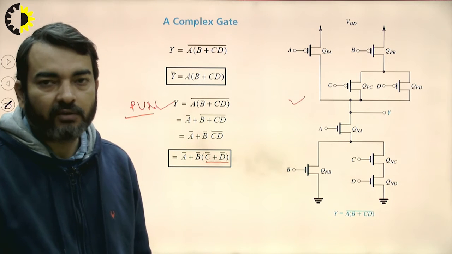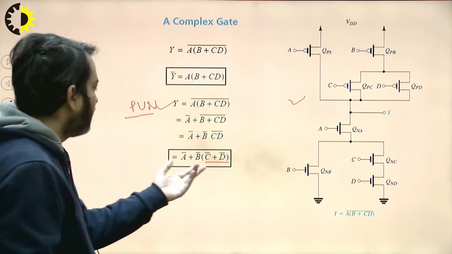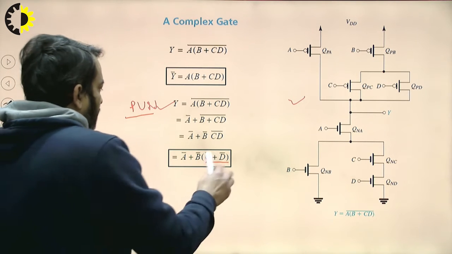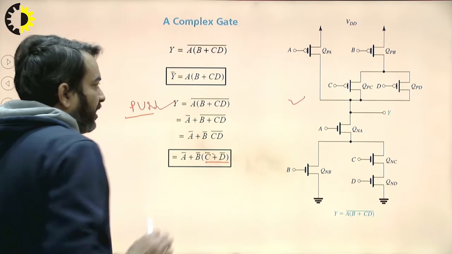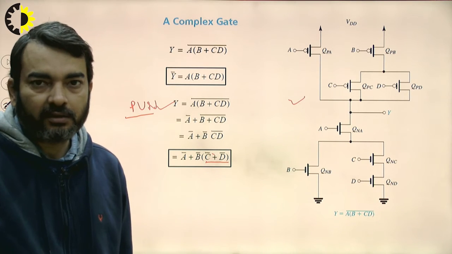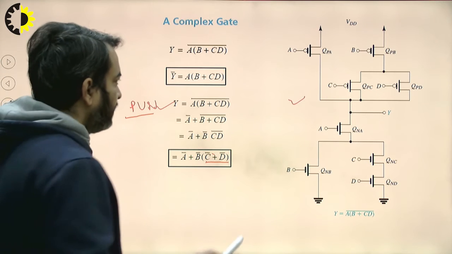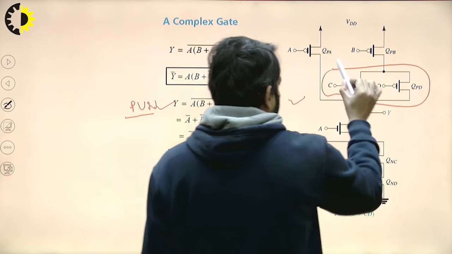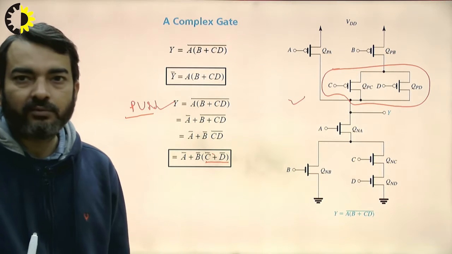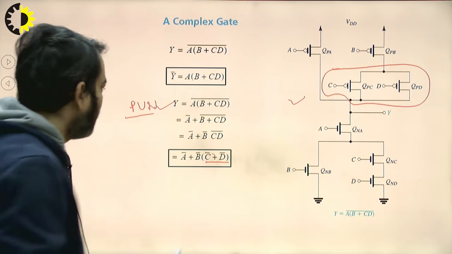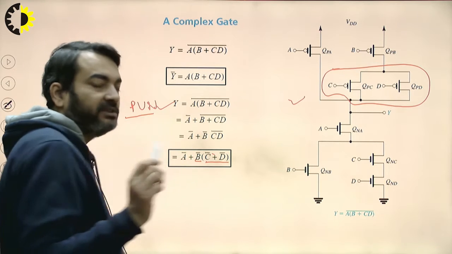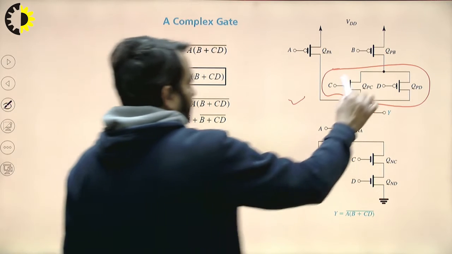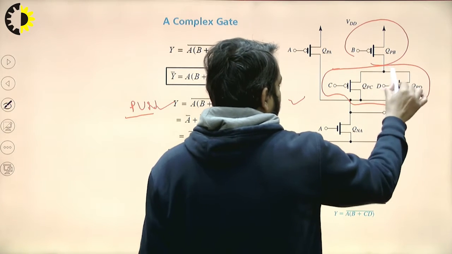So normal output as a function of complemented variables, active low signals. This is a plus operation, and plus means OR, which means parallel. So this is the parallel network of two PMOS transistors. Then this is ANDed, and ANDed means series connection, so another PMOS in series with this sub-network.